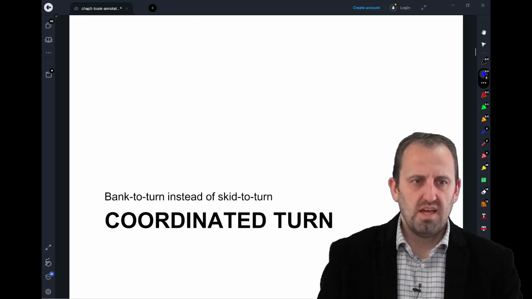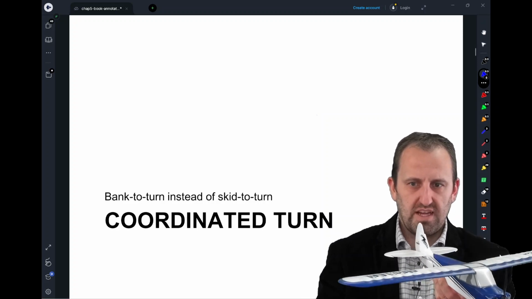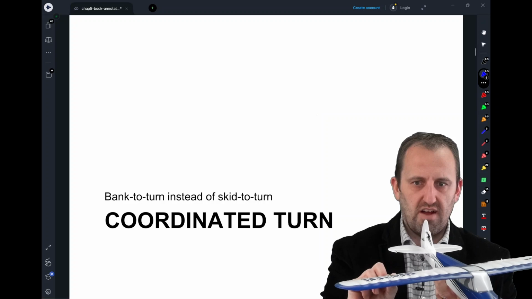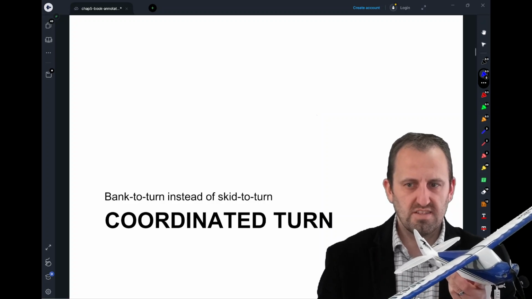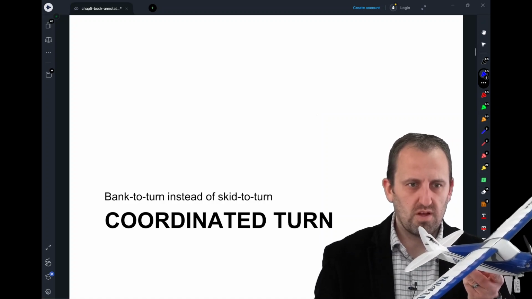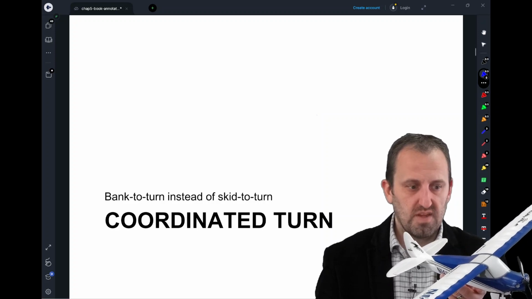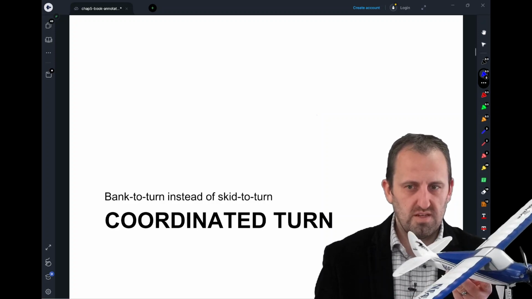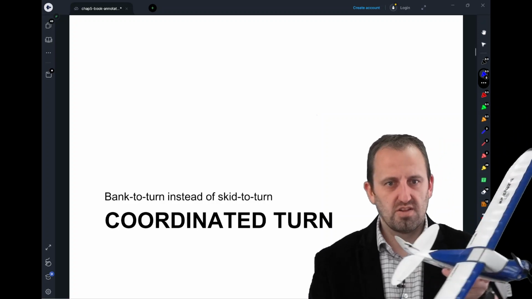As we skid to turn, we'll end up having our nose pointed away from the direction of travel. So instead, what we can do is a bank to turn. Looking at our aircraft, we have our ailerons that we can move, and our ailerons cause a rolling motion, and this rolling motion will cause us to turn. We create a rolling motion, and we go basically in a circular motion.